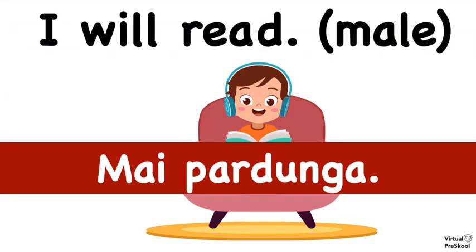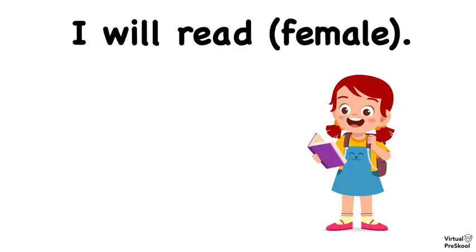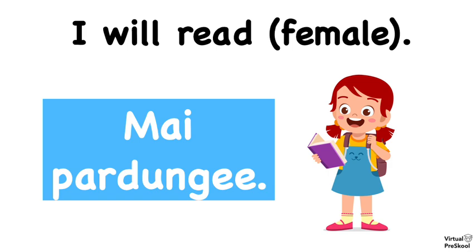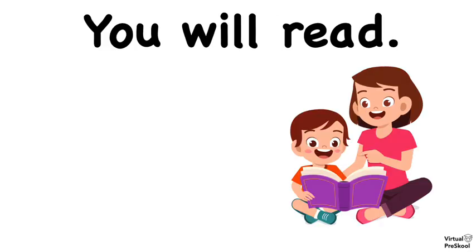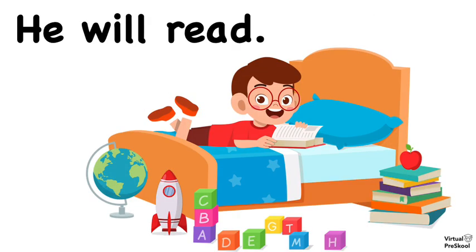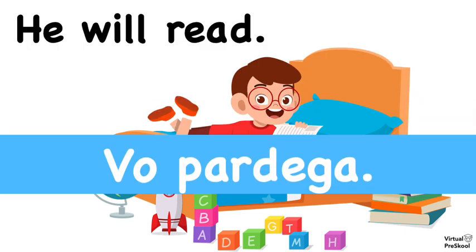I will read for a male. मैं पढ़ूंगा. Notice the conjugation, unga. I will read for a female. मैं पढ़ूंगी. Notice the conjugation, ungi. You will read. आप पढ़ेंगे. The conjugation, एंगे. He will read. वो पढ़ेगा.